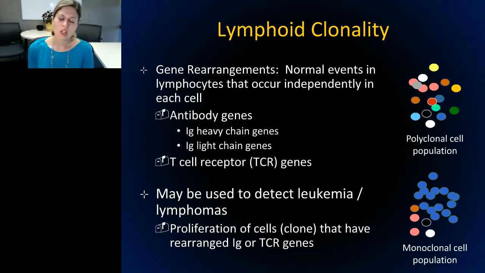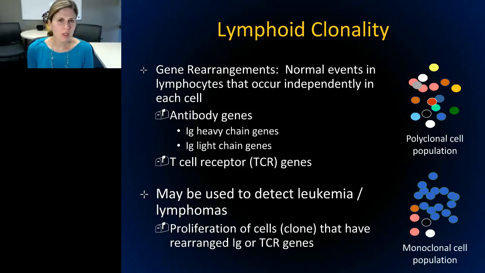We can use the context of lymphoid clonality to help detect leukemias and lymphomas and to monitor them as they have progressed through a therapy, and ultimately look for whether or not specific rearrangements have taken place to help determine a prognosis. My little picture here up above, showing all of these different colored circles, represents a polyclonal cell population of lymphocytes.